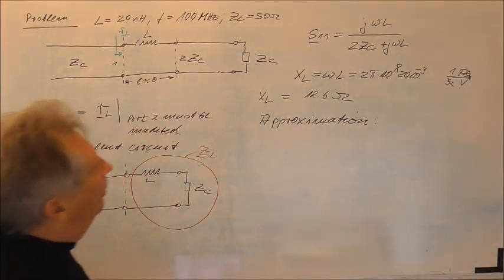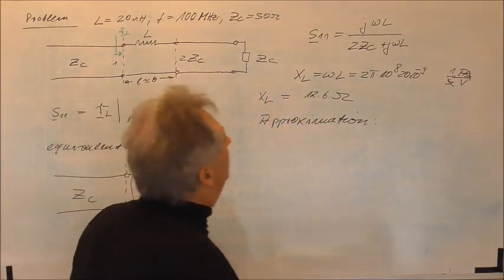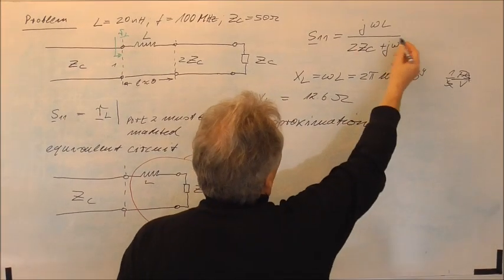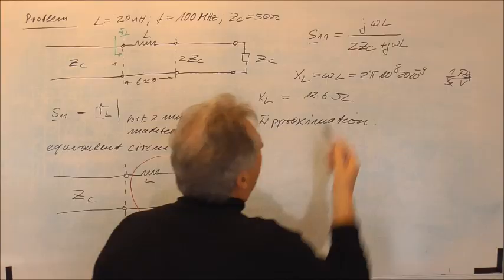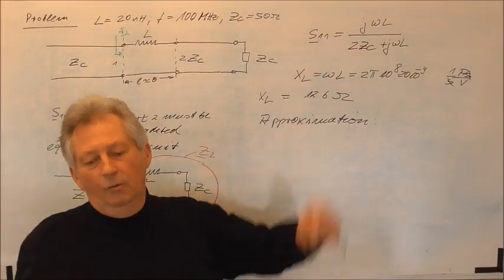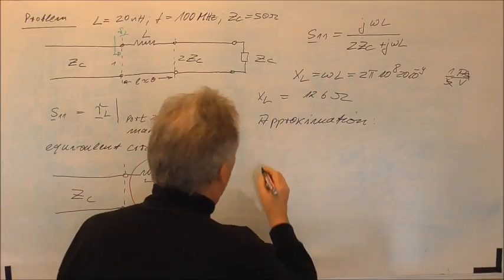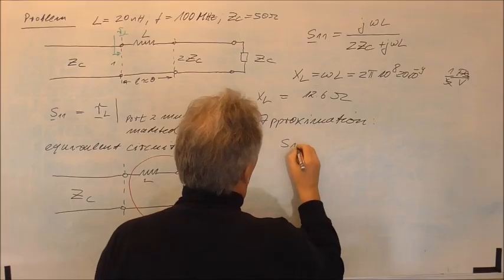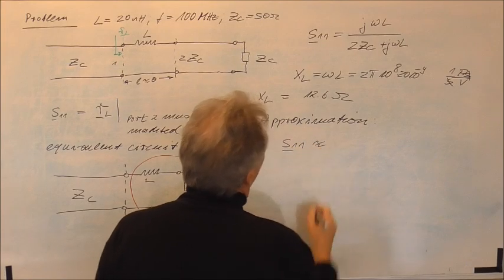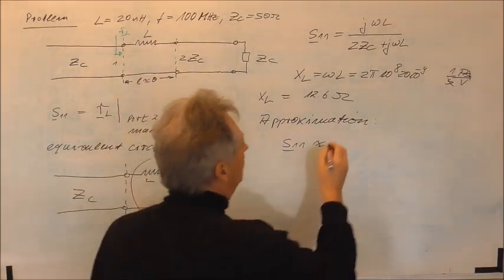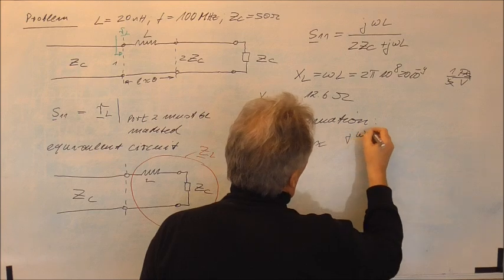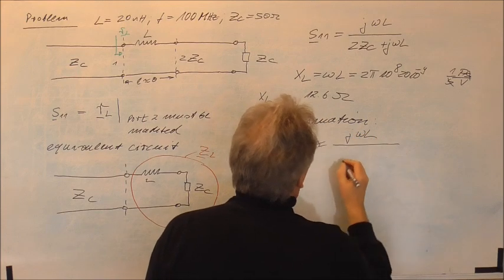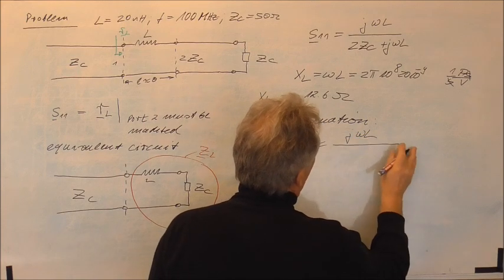Since this term is much lower than this term, the absolute value will essentially not change, and we can use an approximation: S11 is J omega L divided by 2 times ZC.